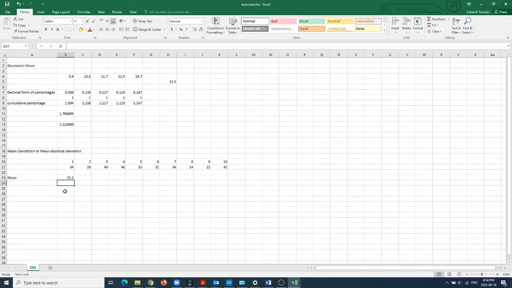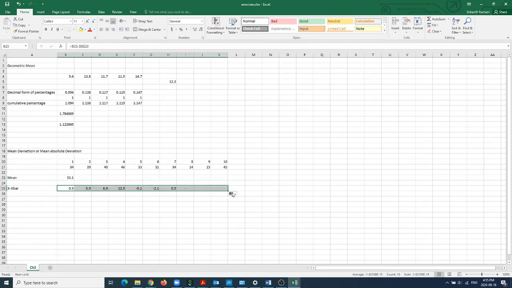It's 33.1. For each observation, you need to create x minus x bar. So 34 minus 33.1, and these are your values.